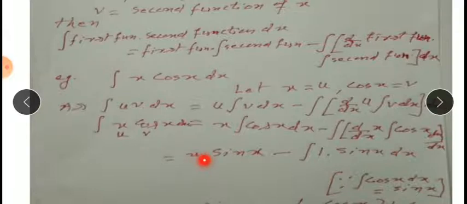Here x, integration of cos x is sin x, minus integration of d/dx of x, which is 1, into integration of cos x, which is sin x. Then this is equal to x sin x minus integration of sin x, which is minus cos x.